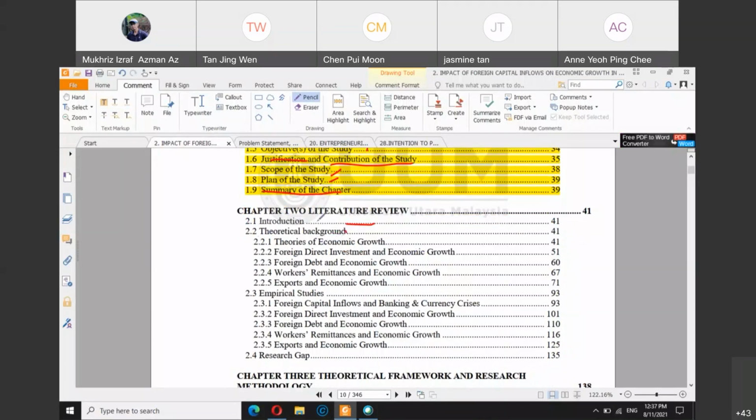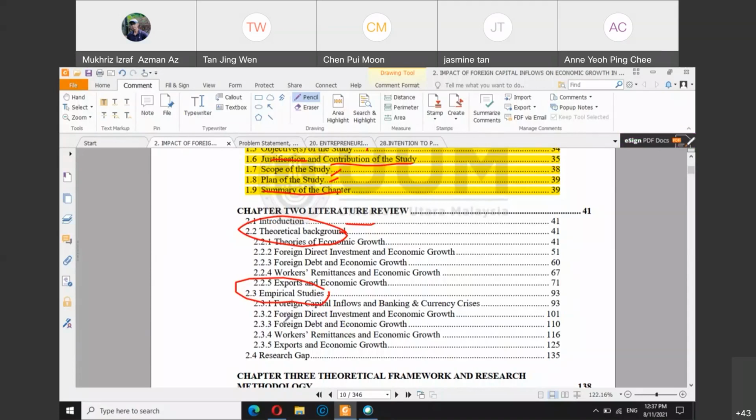One is the theoretical section, 2.2 here. The other one is the empirical study, meaning a summary of past studies that have covered a topic similar to what you are doing. If you are doing FDI, then 2.3 is basically a summary of articles, journals, and conference papers that have looked at similar issues to what you are doing.